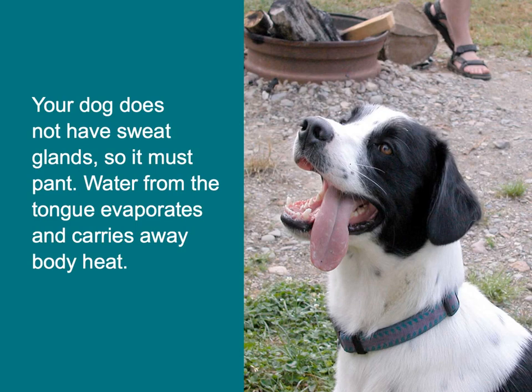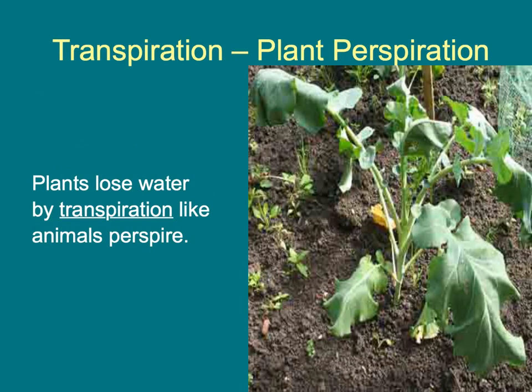Plants, they don't have sweat glands and they don't have tongues, so how can they maintain a specific temperature? They do that by transpiration, and you just simply need to know right now, transpiration is basically the loss of water from plant leaves, and again, by that water evaporating, they're going to be cool.